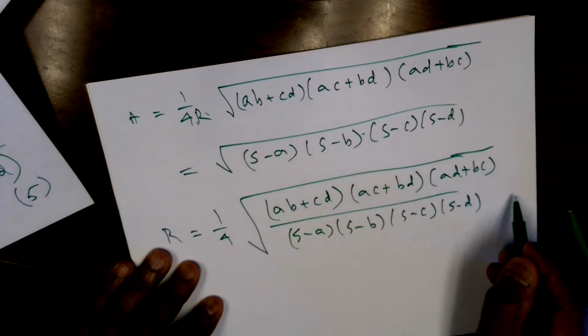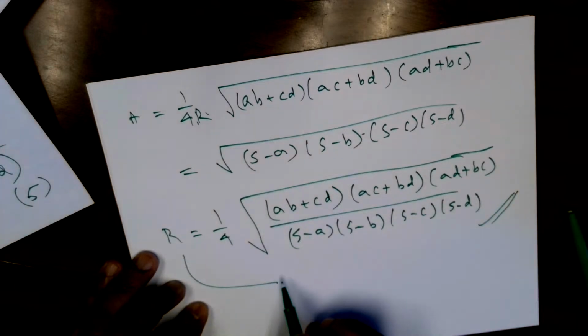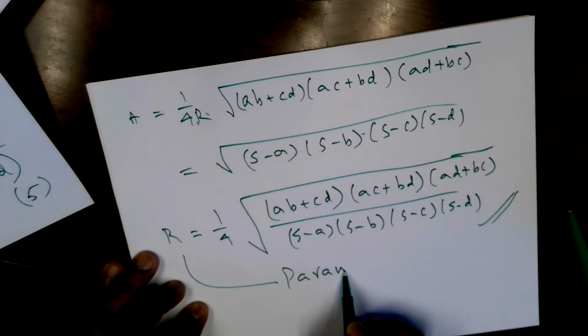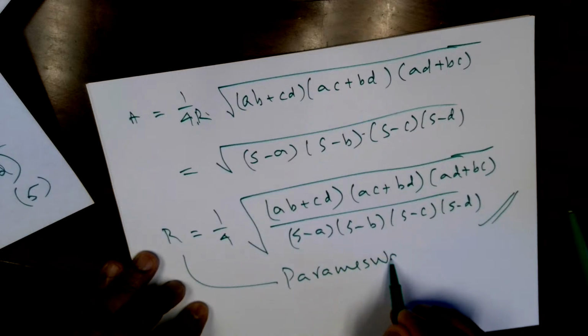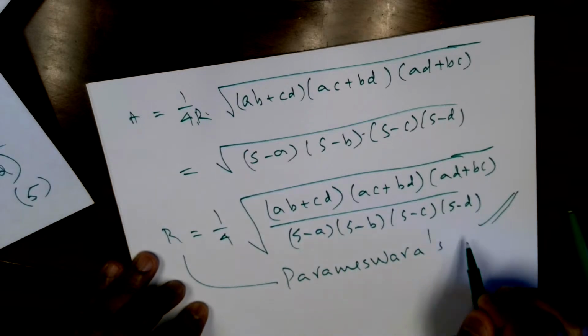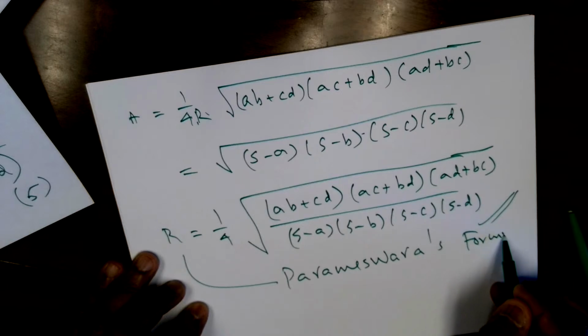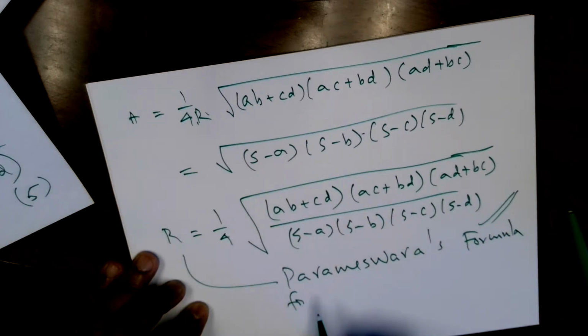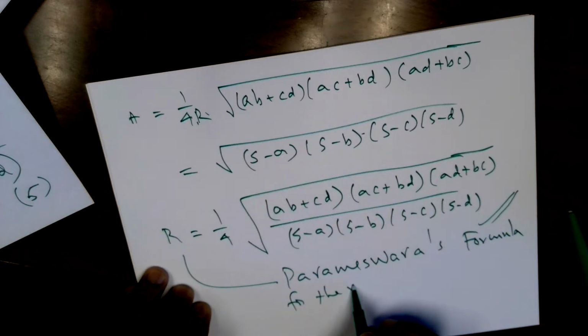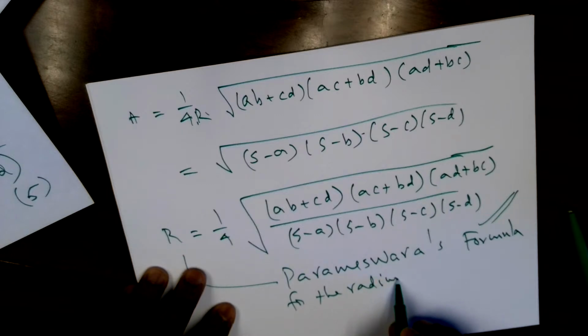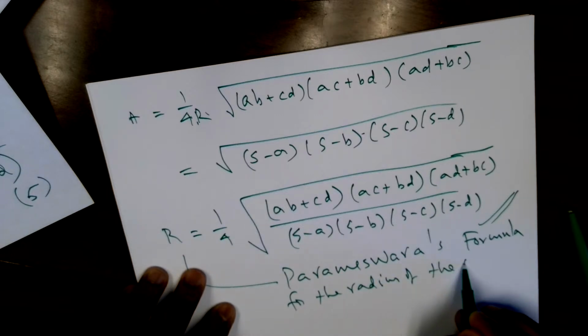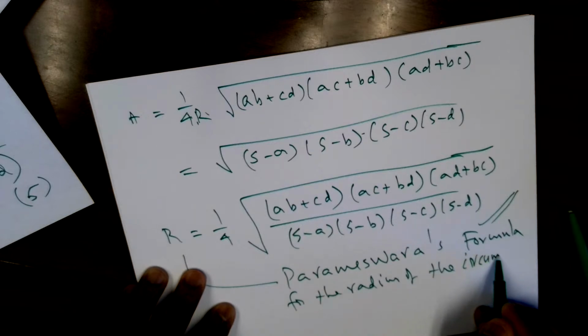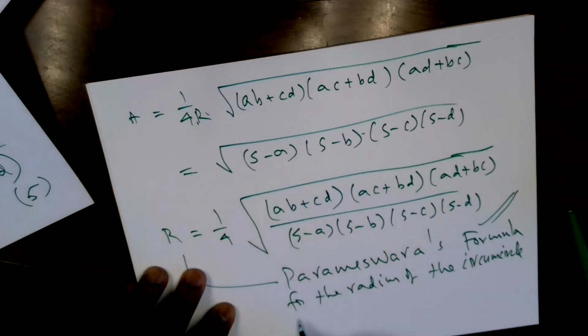All right, so this is the formula we had for Parameshvara's formula for the radius of the circumcircle of a quadrilateral.